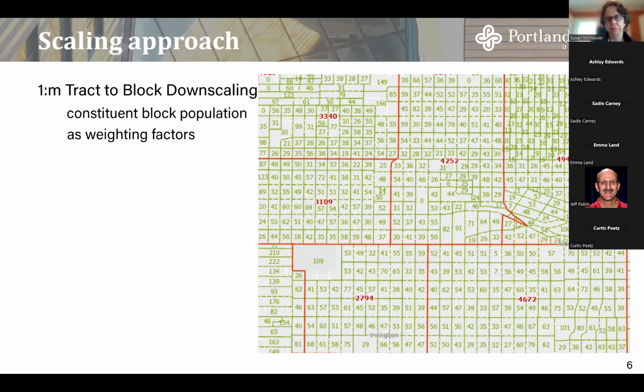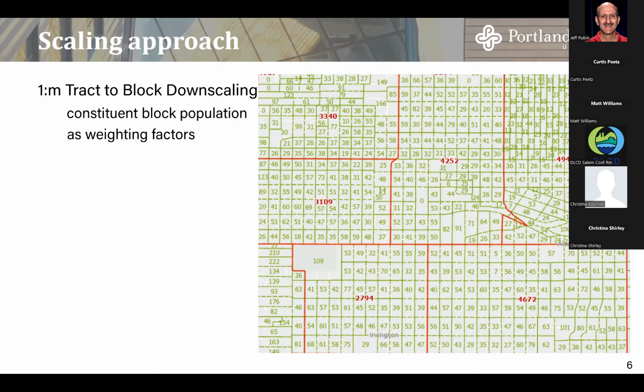And blocks nest perfectly within tracts. So we can come up with an allocation for something that is correlated with total population size. And it's only a small additional logical leap to say, if we have something that's associated not necessarily with total population size, but with other things that we can eventually measure at the block level, we can allocate from tracts down to blocks according to that kind of proxy population.